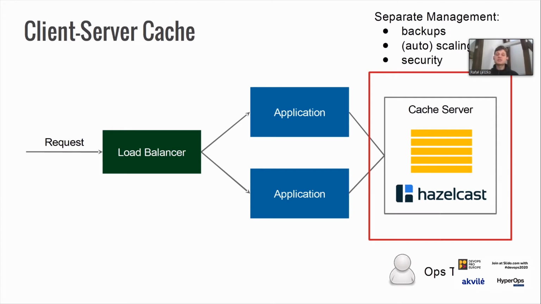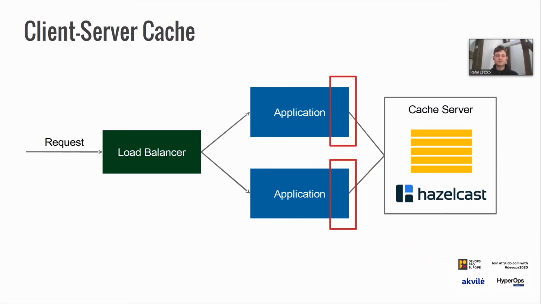But the second thing that is very different from the embedded cache is actually this part. So now the application uses a cache client to connect to the cache server, which may not sound like a big thing, but it is, because now there's a well-defined protocol between cache client and cache server.